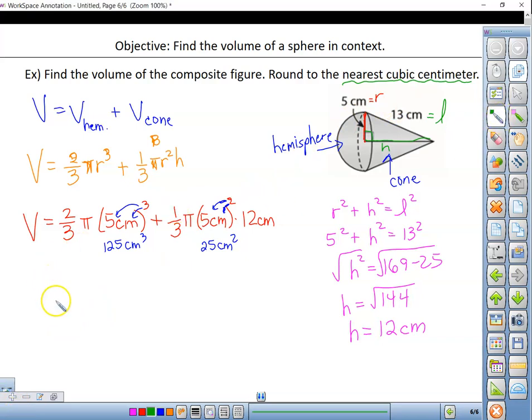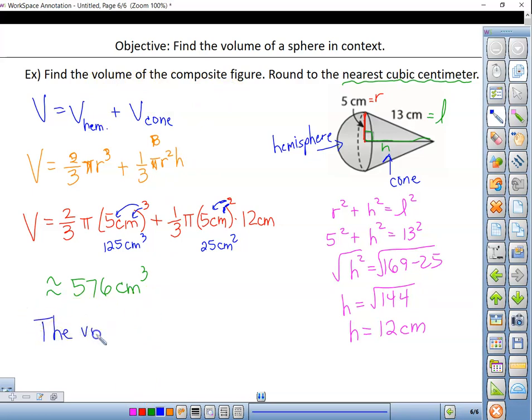All right, so hopefully you agree with me. To the nearest cubic centimeter, you should be getting about 576 cubic centimeters. So the context here is simply volume of the composite figure, so that will be our conclusion.